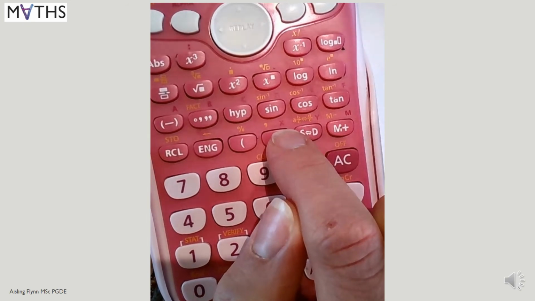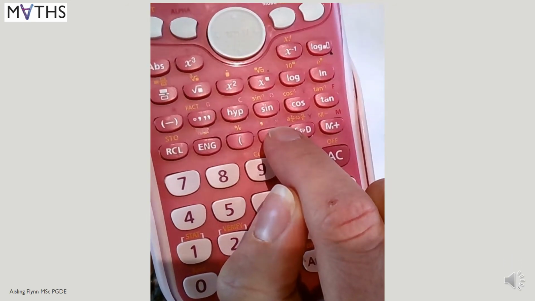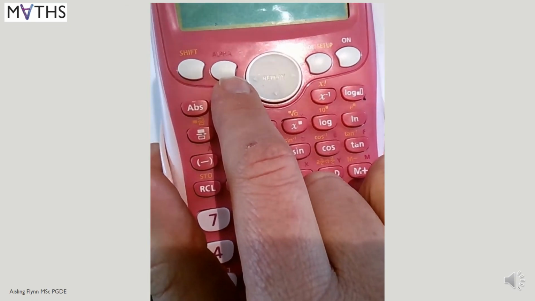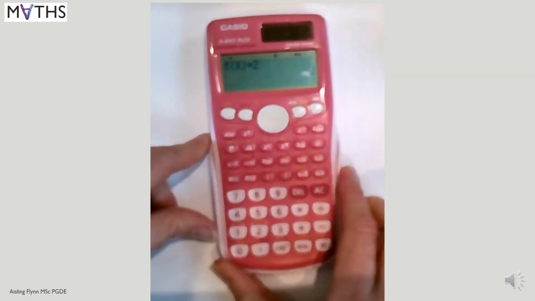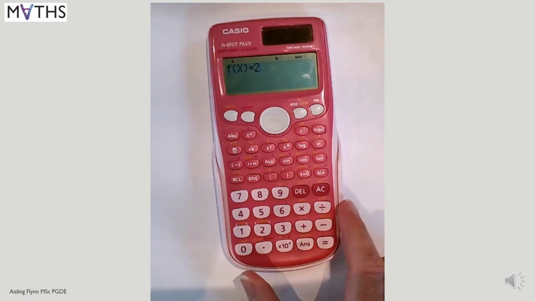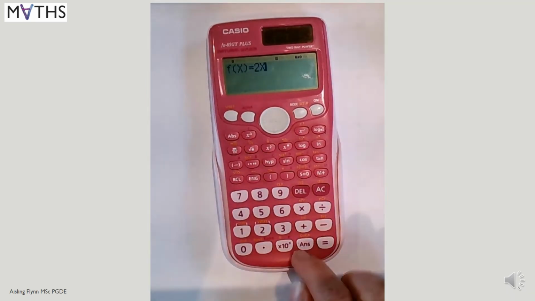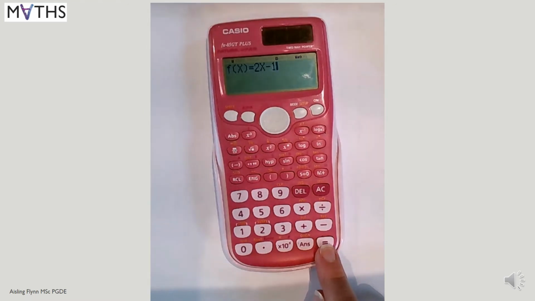X is in red writing, and to select red writing you use the alpha button. So there we have 2 times alpha x, minus 1. That's my function entered, and I press equals to enter that.